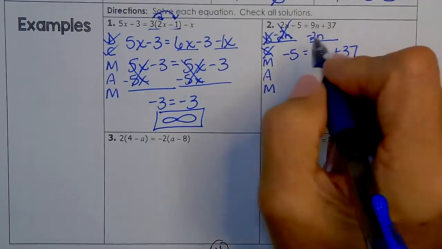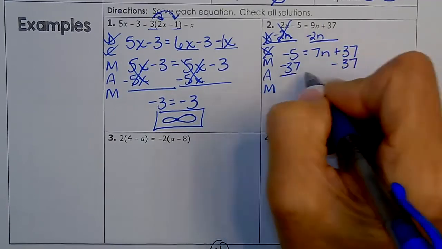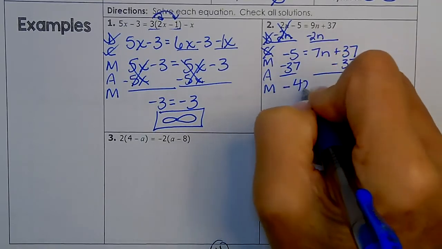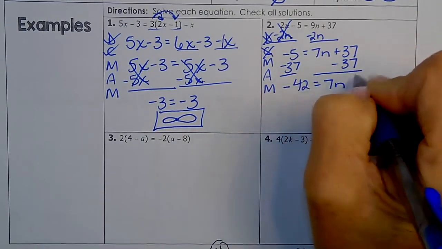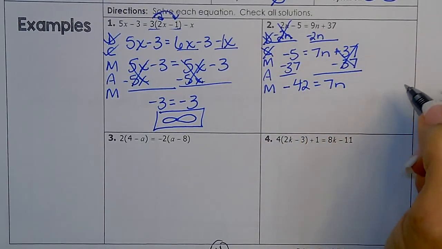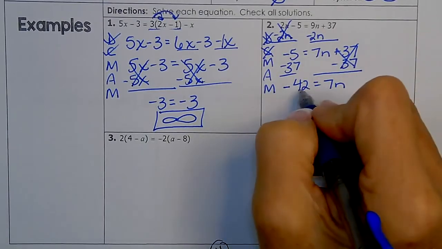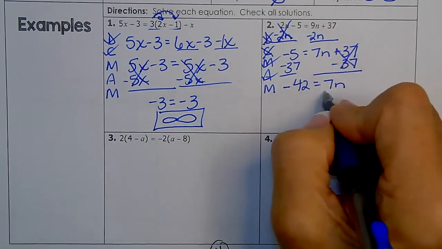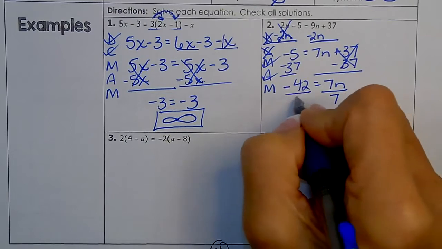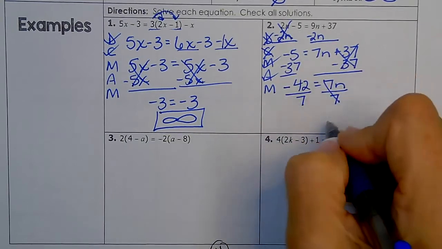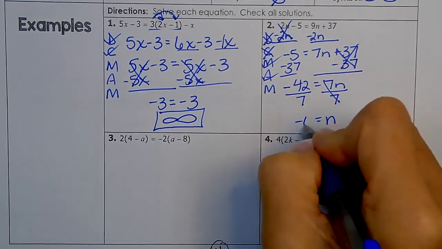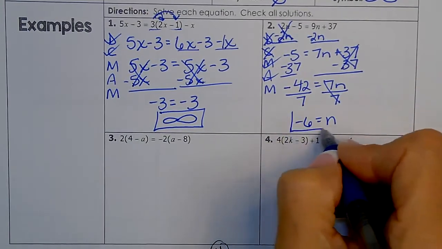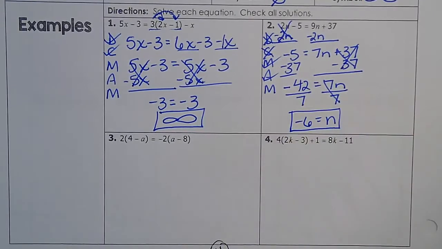So I'm going to subtract 37 from both sides, and I get -42 equals 7n. Okay, I have my constant on one side and my variable on the other. I'm done with these steps. Now I need to divide both sides by 7. I get n equals -6, or -6 equals n. So there's an example of one solution.